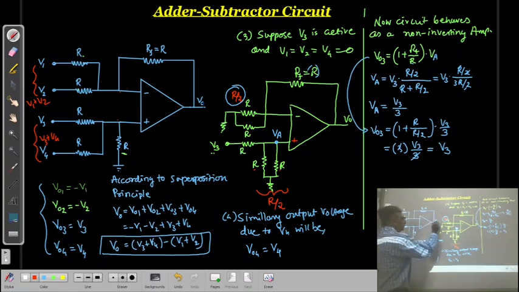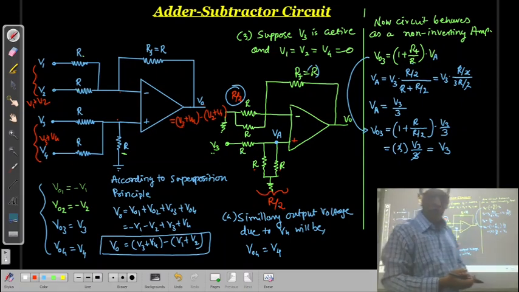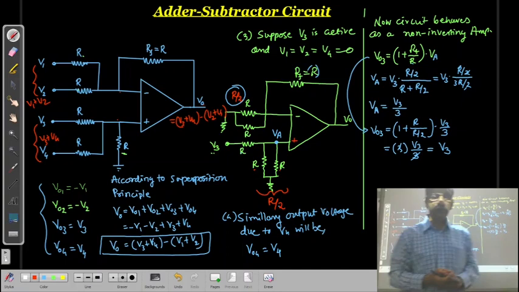So this will give you the output like V3 plus V4 minus V2 plus V1. Okay. So in this way we can have addition and subtraction of given voltages.